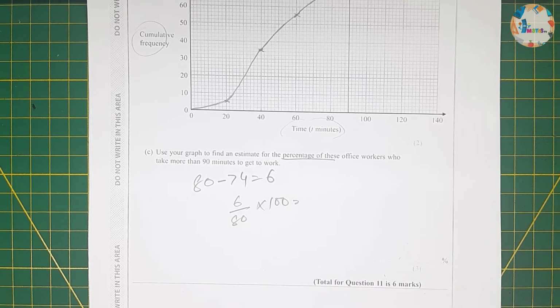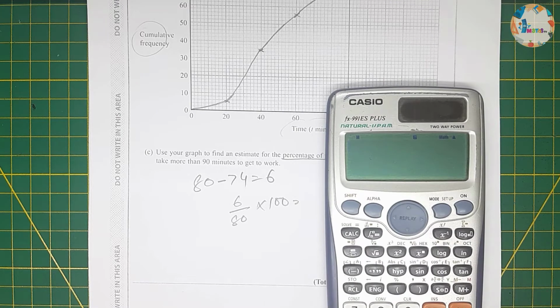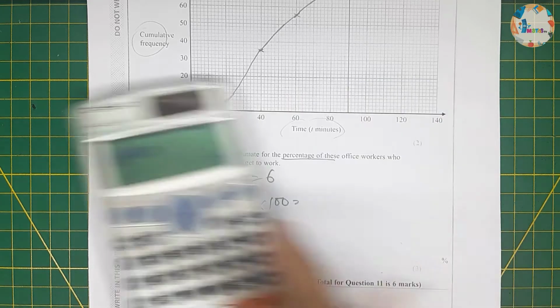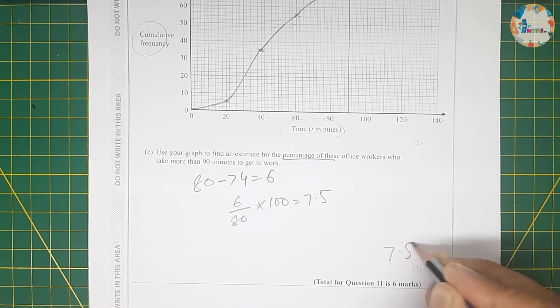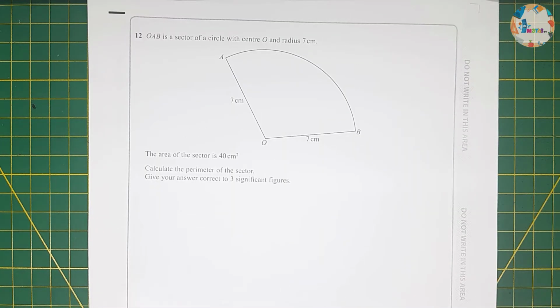This is how we can calculate the percentage. If we calculate the percentage for this, this will be 6 over 80 multiplied by 100, and this will be 7.5, so the answer will be 7.5%. So this will be our final answer. Hopefully you understand this. Question number 12.